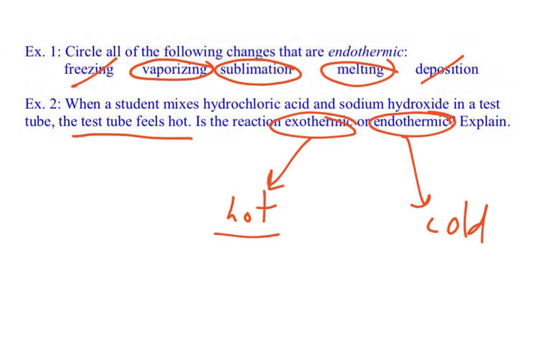One last thing I'm going to mention, this is how, for instance, ice packs and heat packs work. An ice pack is actually endothermic. So when you have an instant ice pack, you're told to squeeze the ice pack, and what you're doing is you're breaking a seal, you're activating it, causing the chemicals inside to react. Now, the reaction is endothermic, so those chemicals are absorbing energy from the surroundings.